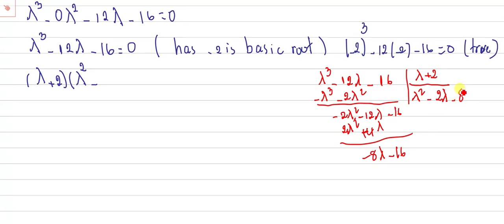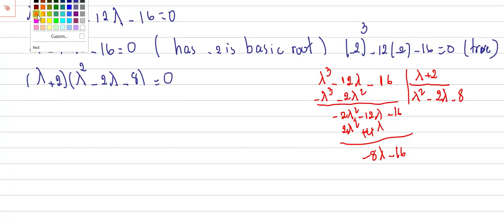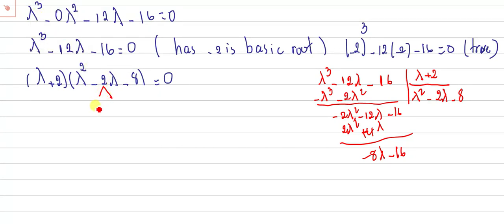So I got minus 8, minus 8 here. So this one we got minus 2 lambda and minus 8 equal to 0. But 2 minus 2 is like 4 plus minus 2.